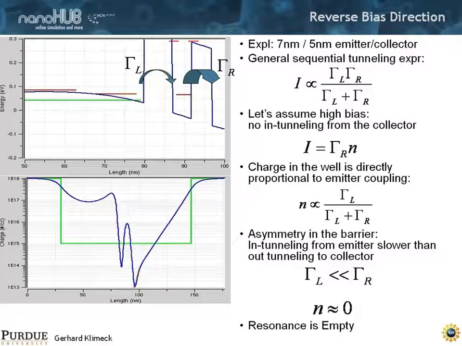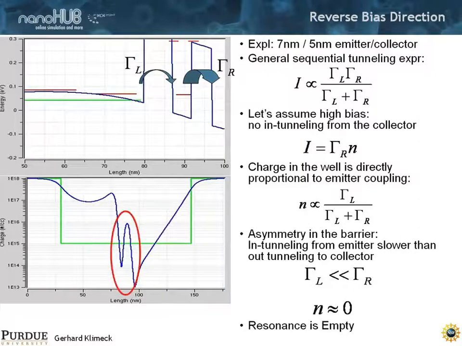Then you wait around for a while, statistically speaking, and an electron hops in, and it hops out immediately. There's no charge accumulation. In fact, there's charge depletion then. It's not quite charge depletion because the charge is still larger than the doping background. But it has dropped dramatically.